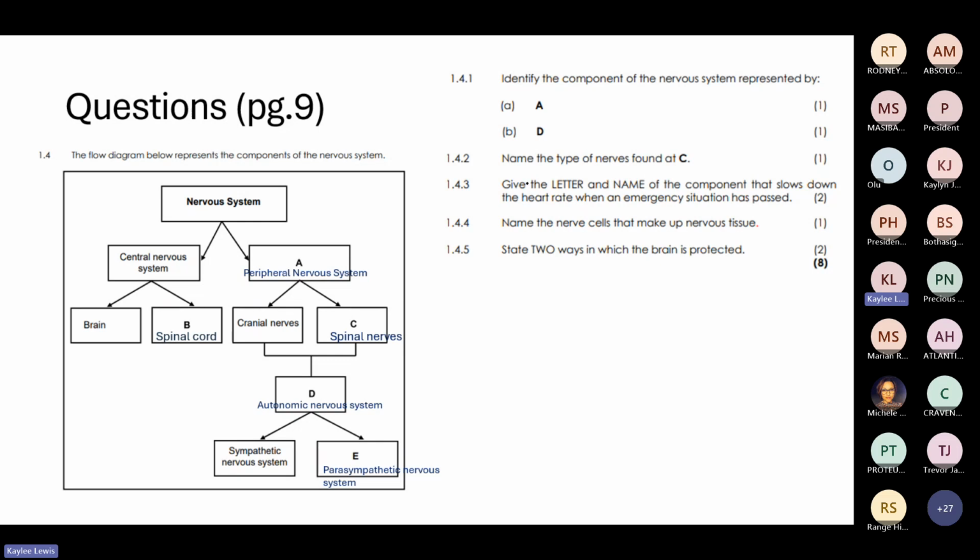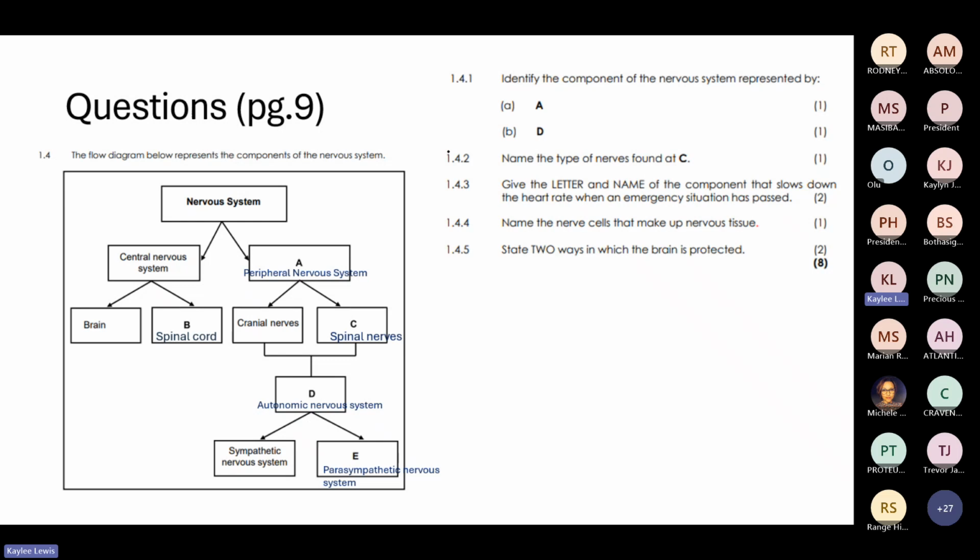So 1.4.1 says identify the components of the nervous system represented by A. So we said A, it will be the peripheral nervous system. And then D, so remember D is split up into the sympathetic and the parasympathetic, so that has to be the autonomic nervous system. It won't be the somatic.